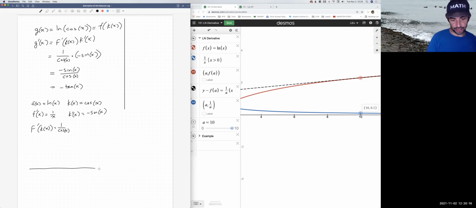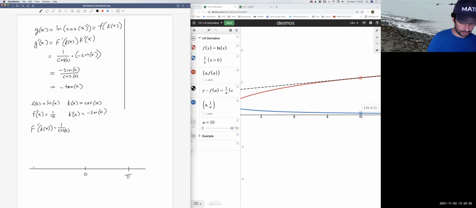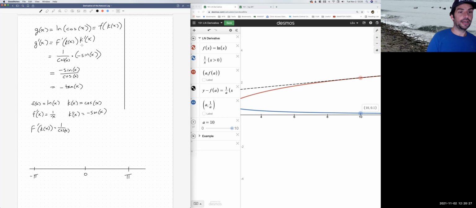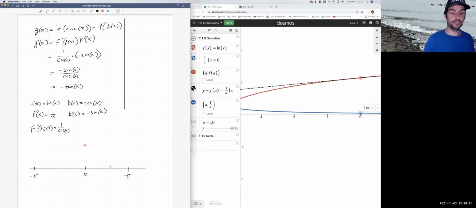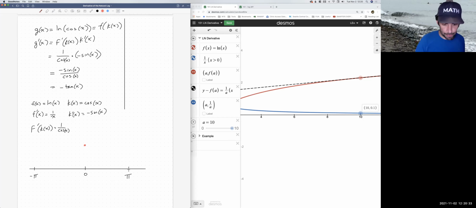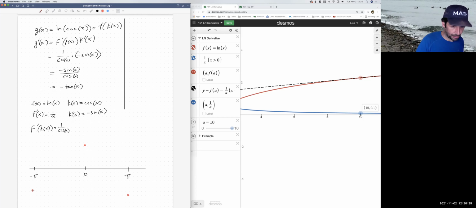So if you think about cosine, let's just draw a quick sketch. Here's 0, pi, and negative pi. At 0, cosine is up at 1. By pi, it's down to -1. It's also there at negative pi.